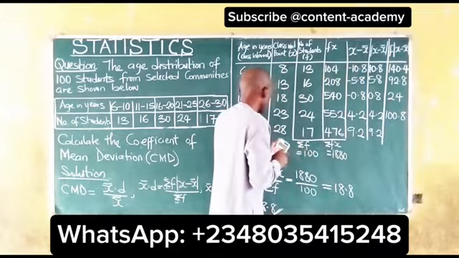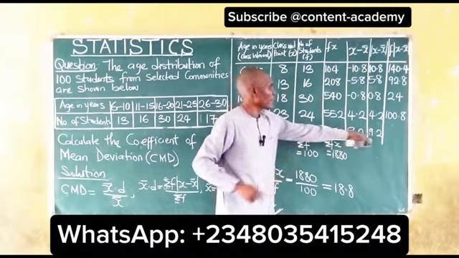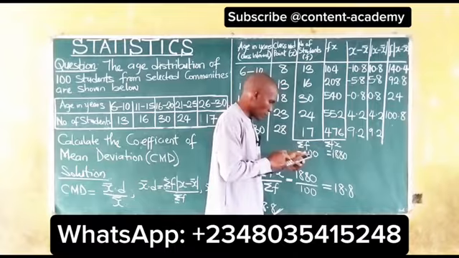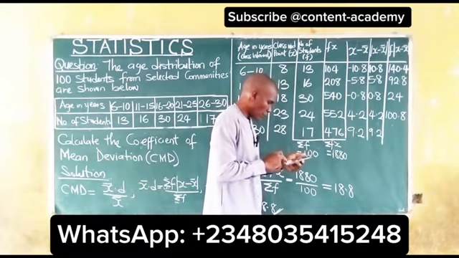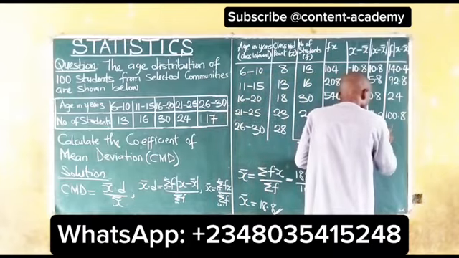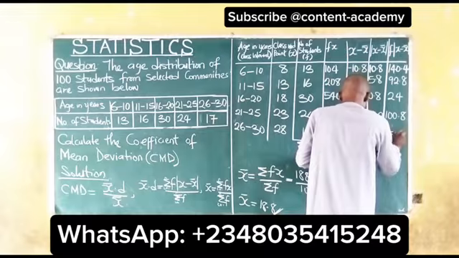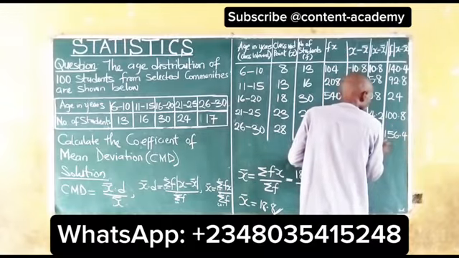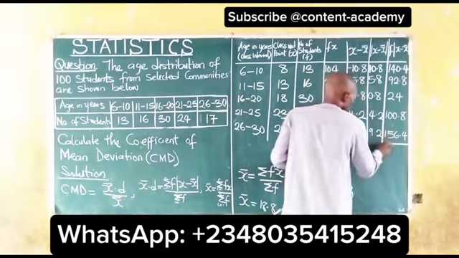We also have 17 multiplied by 9.2, we have 156.4. So this is how to multiply this.